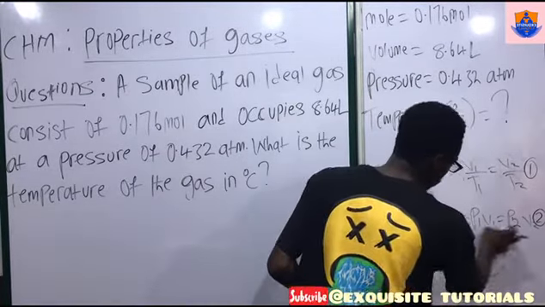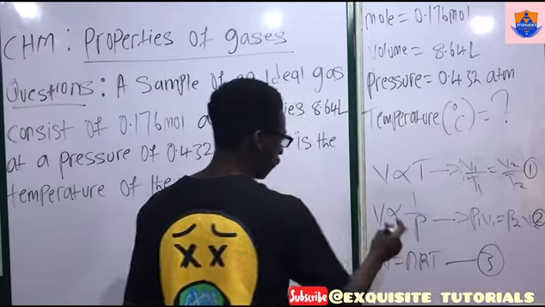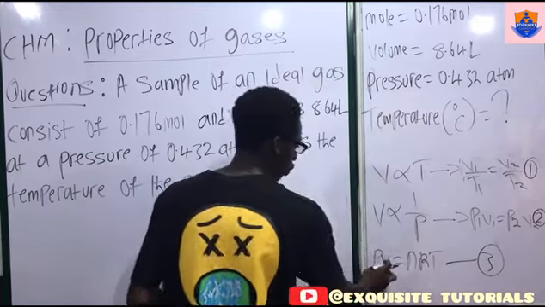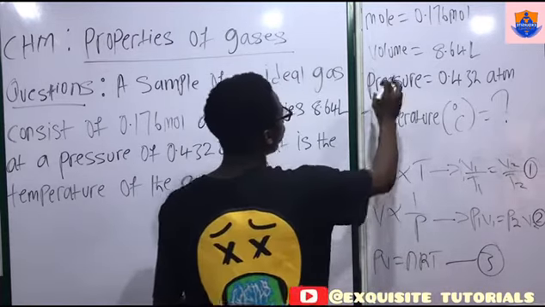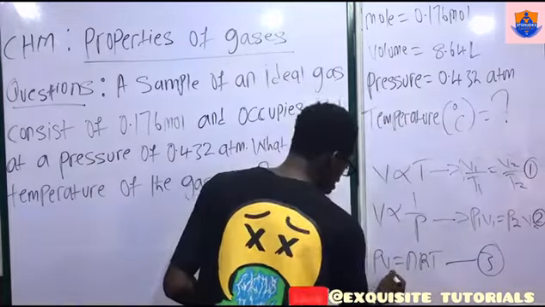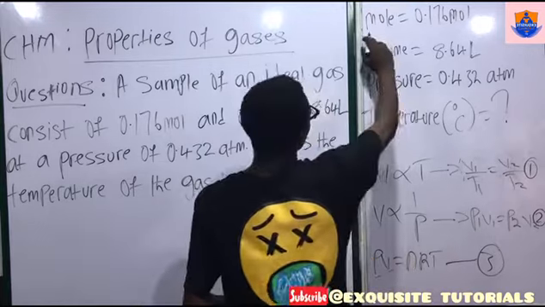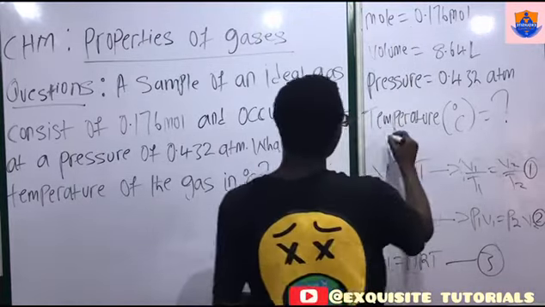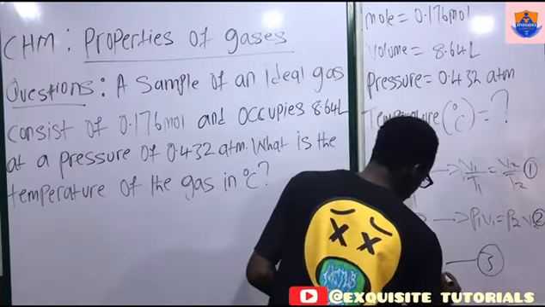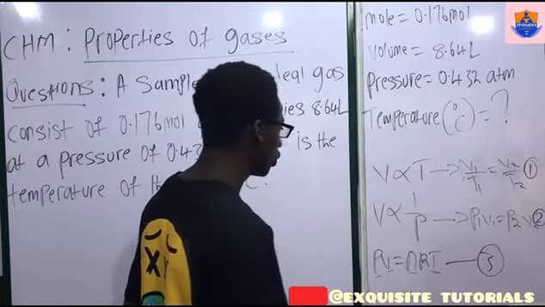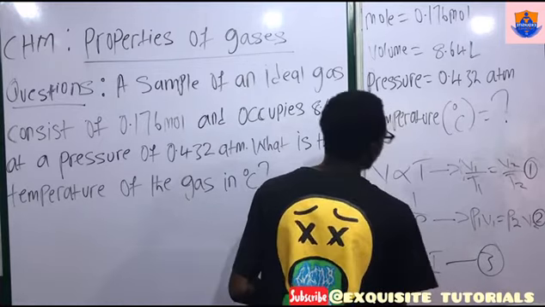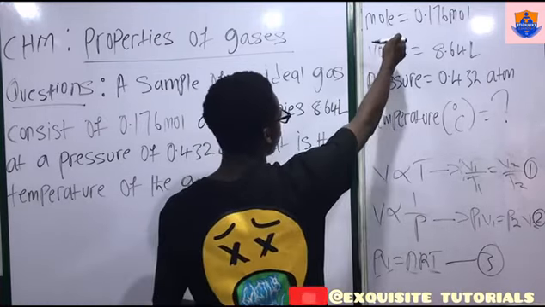That's for the second. Let's go for the third. Pressure is here, volume is also here, the number of moles is given here, and the temperature is given here. So this should tell us that the ideal gas formula should go for this question.